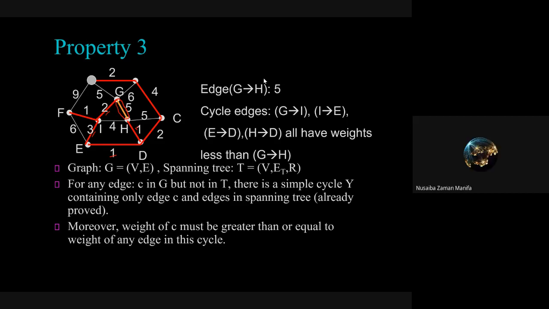স্যার এখানে ওয়েট অফ সি বলতে কি বোঝানো হয়েছে? A weight of c এখানে ইয়েস স্যার। This c is the edge that was in the original graph but not in the tree.